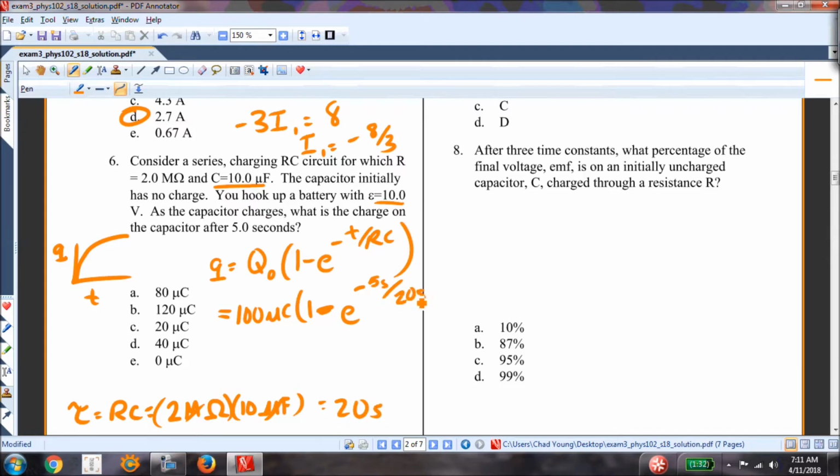So it's 5 over 20 seconds. And then that'll give me my answer. It's going to be 20 microcoulombs for number 6. Just double check that. Make sure that you can do these calculations in your calculator. So this is equal to 100 times 1 minus 0.77.